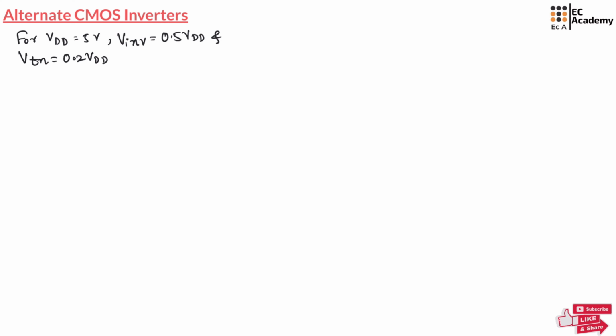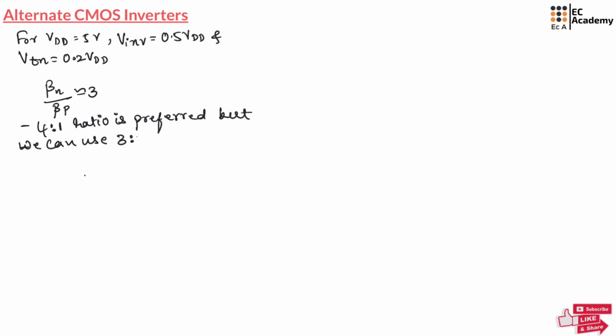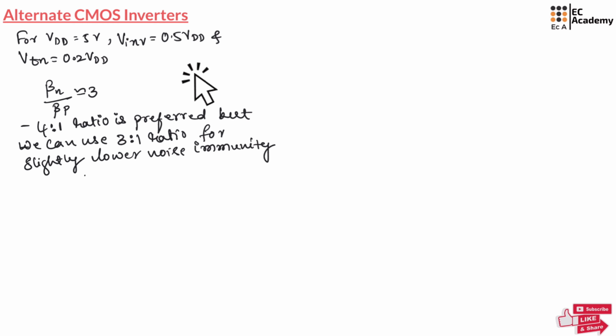If we substitute in above formula, we will get beta n by beta p approximately equal to 3. So here we obtained the ratio 3:1 for beta n by beta p. A 4:1 ratio is preferred, but we can use 3:1 ratio for slightly lower noise immunity in VLSI design.